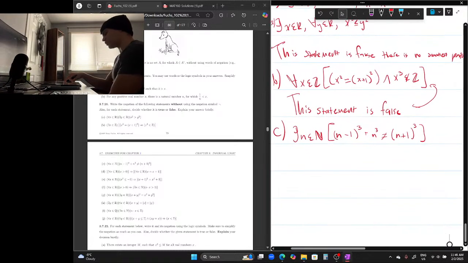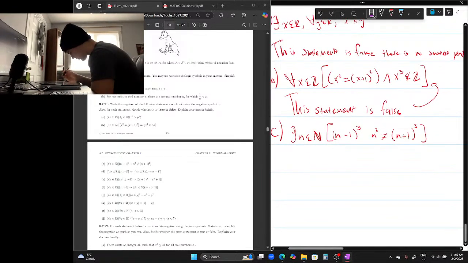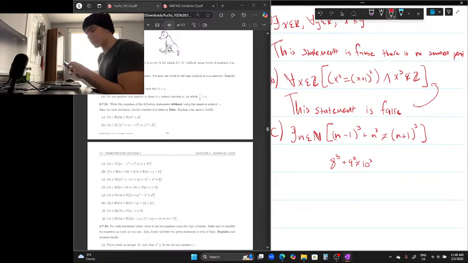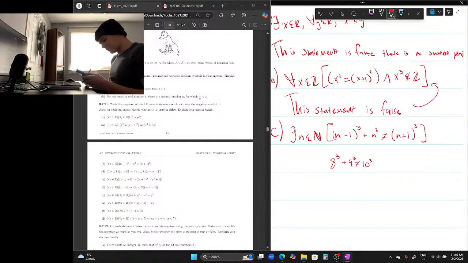For all integers. So basically, if you have three consecutive integers, the first two cannot equal the third one squared. So let's just say 9. So 8 cubed plus 9 cubed is not equal to 10 cubed. Calculator. Definitely not equal to 10 cubed.